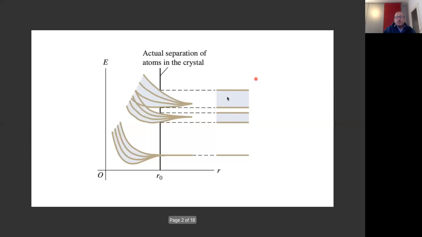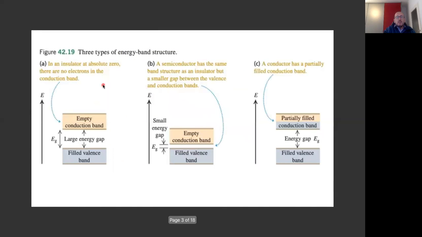This type of band structures that are very general, they can be classified in a way. You know, we have things like this. For example, we have a situation in which the electrons are in the bottom band here.